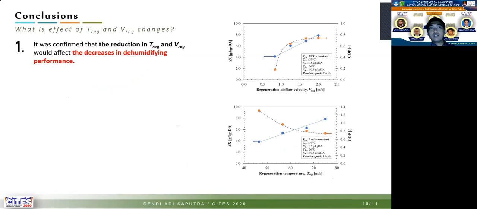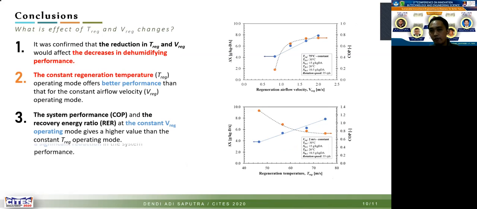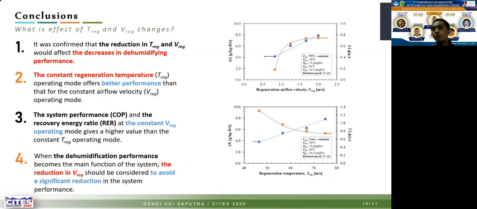So we can conclude that reducing the regeneration temperature and the regeneration air flow velocity decreases the dehumidification performance. If we compare the two operating modes, from the viewpoint of dehumidification performance, the constant regeneration temperature offers better performance.